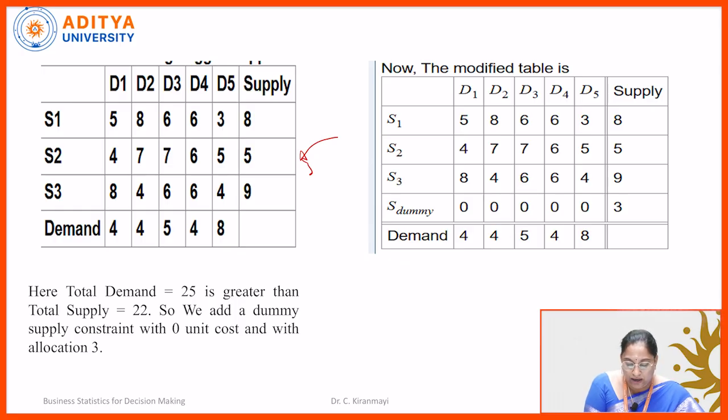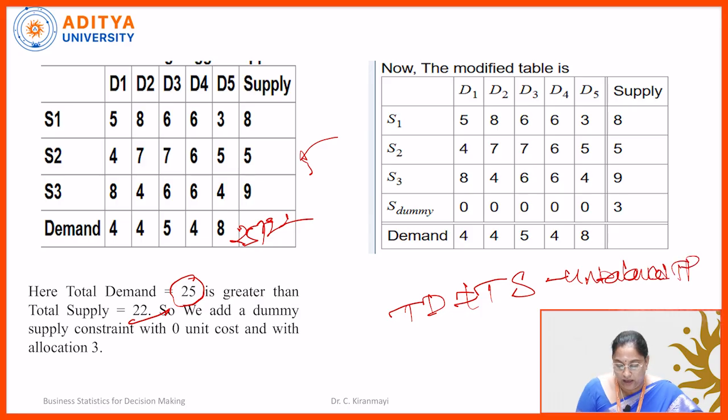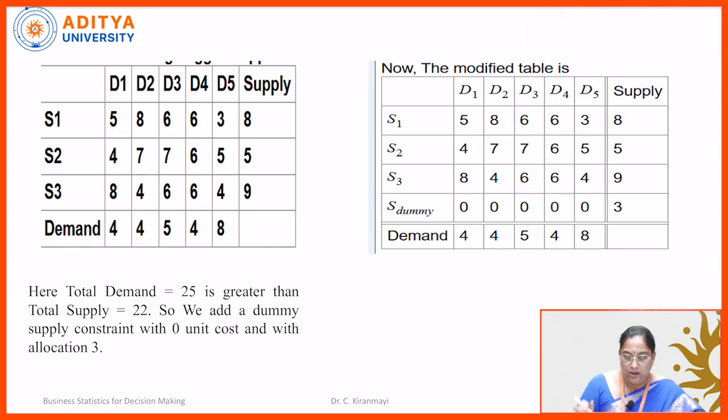Total demand in this problem is 25 and total supply is 22. Therefore, total demand is not equal to total supply, so it is an unbalanced transportation problem. We have to make this unbalanced problem into a balanced one, and only then can we solve it.